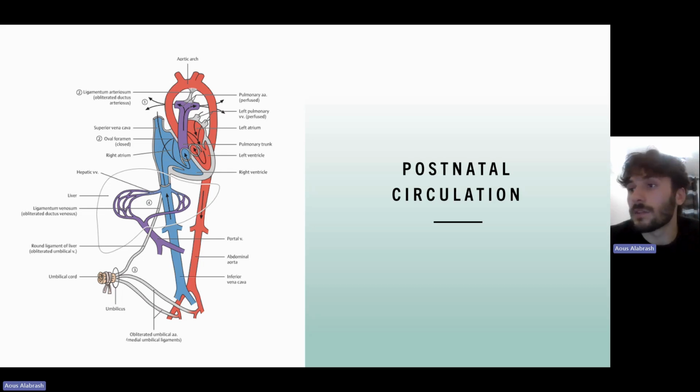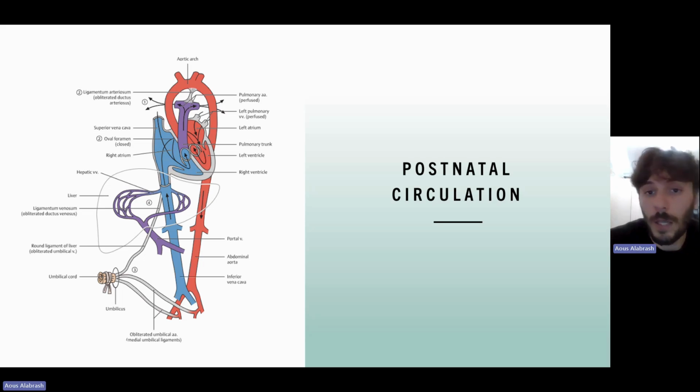Lastly, we also have the difference between the umbilical arteries and the umbilical veins. The umbilical arteries also close. However, the distal part of the umbilical artery forms the medial umbilical ligaments. The proximal parts remain open. They don't close, and they form what's known as the superior vesical arteries.